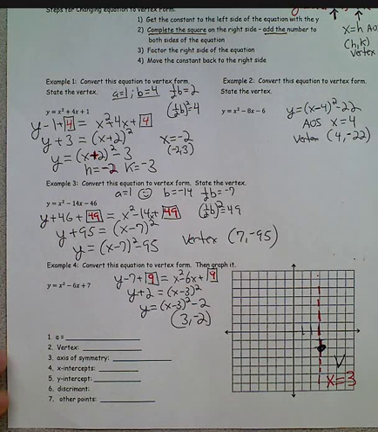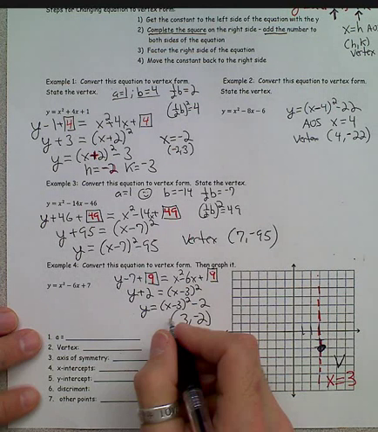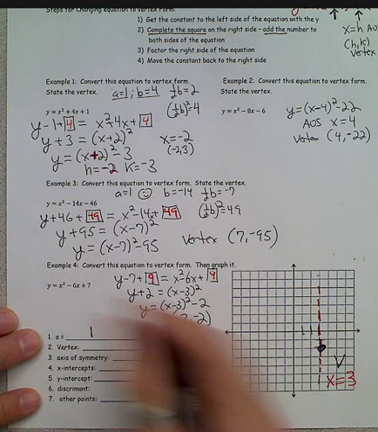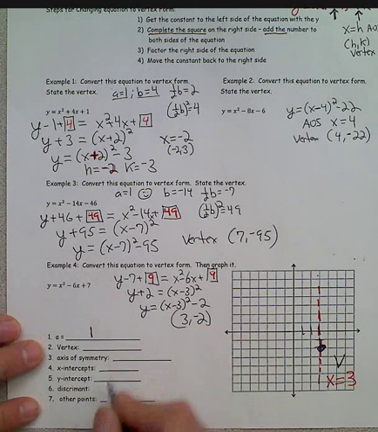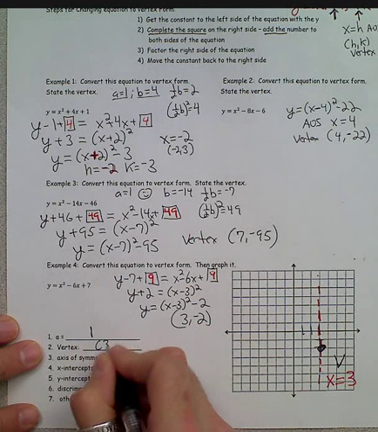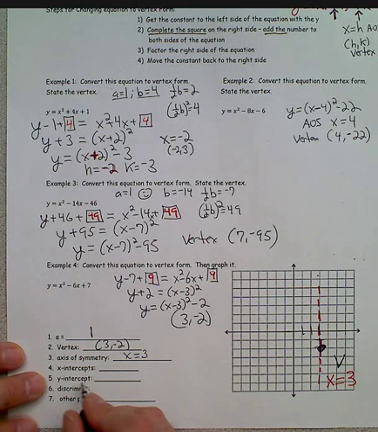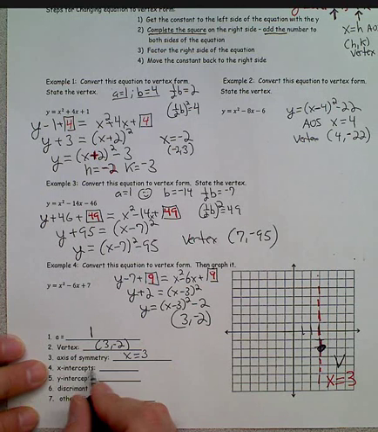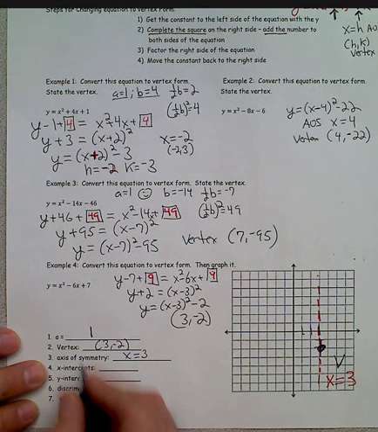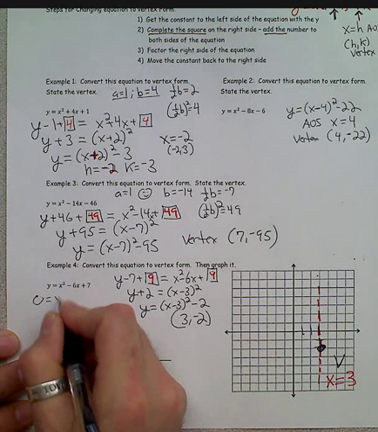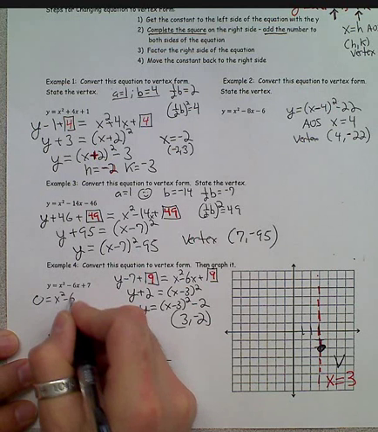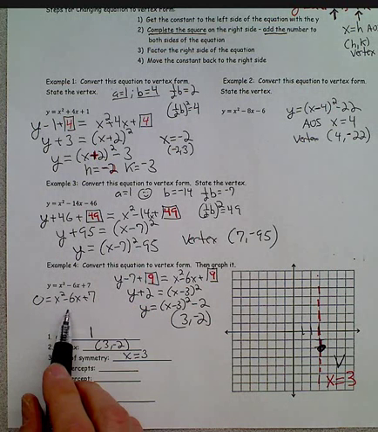I can see that the a is 1 in standard form and in the vertex form. We have the vertex. We have the axis of symmetry. The x-intercept. To get the x-intercept, I'm going to have to set this equal to 0. And it would be nice if this was factorable, but it's not.